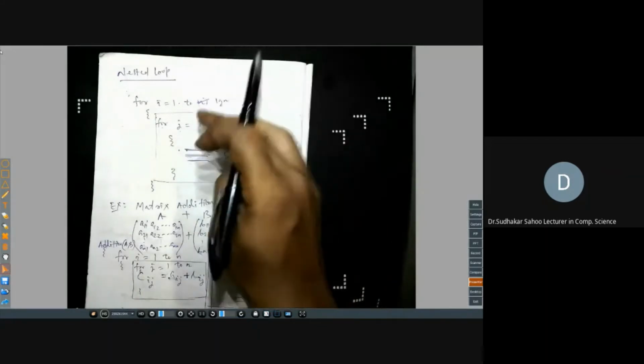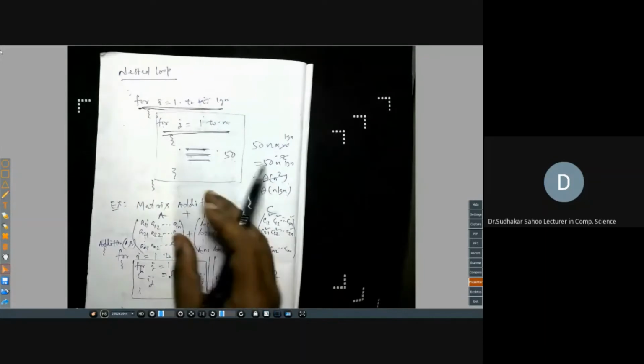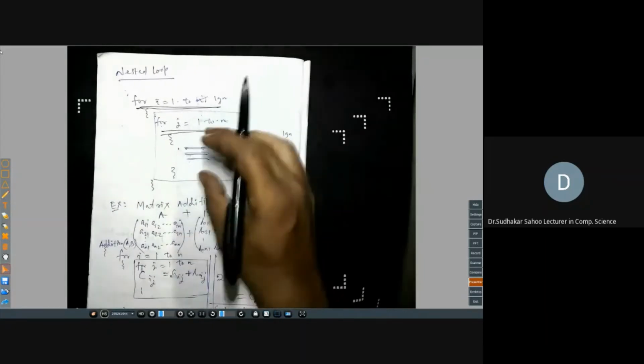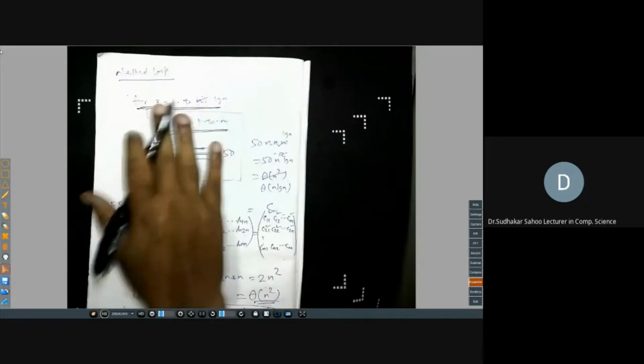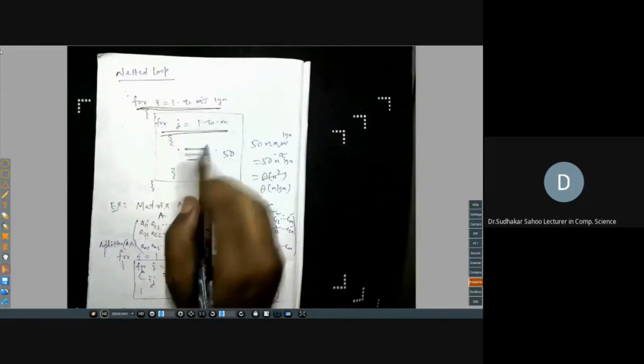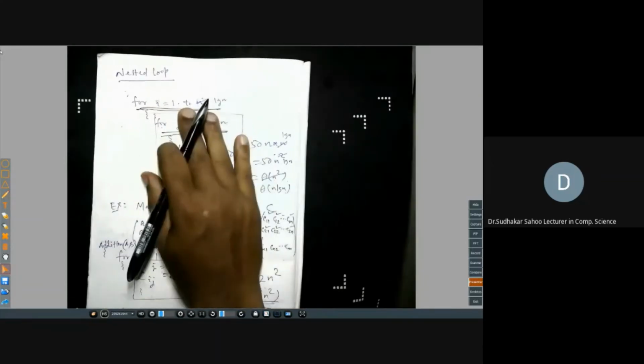This is your conditional statements part. And we have also seen nested for loops, with an outer for loop and an inner for loop. How to find the time? First you find the time of the inner for loop: number of operations in the body into number of iterations.